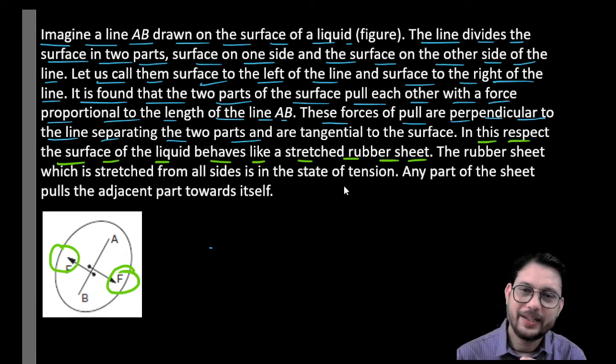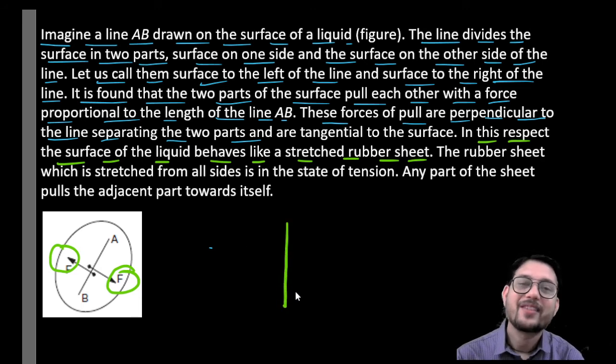Doesn't matter whether the force is greater or smaller, the direction is fixed, and that fixed direction is the perpendicular. Let's suppose we draw a line here, and one force acts this way and the other force acts this way, both the same in amount on both sides. So the line seems to be stretched this way.